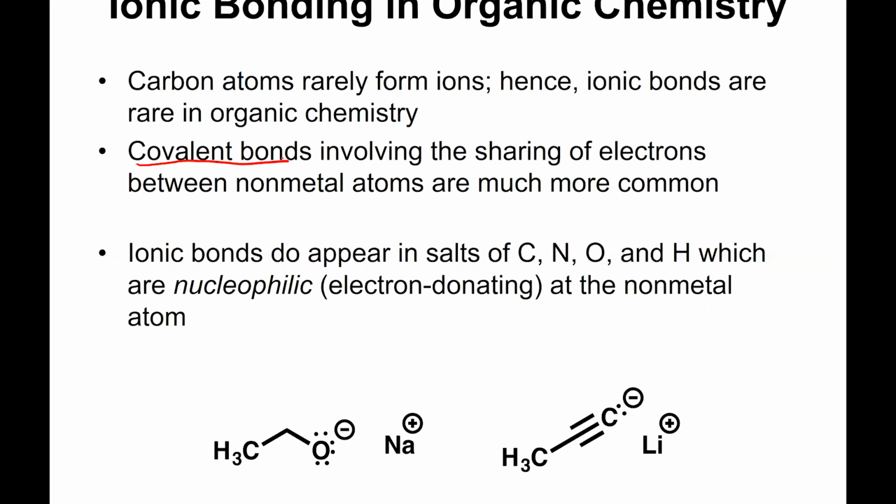Ionic bonds do appear, however, when we make salts of things with carbon, nitrogen, oxygen, and hydrogen, which are nucleophilic. That means they're electron donating. And they will form the salt with a metal atom. So we will occasionally see this. So at the bottom here, you can see this whole molecule is an organic molecule. It's made of covalent bonds. However, it does have a formal negative charge.